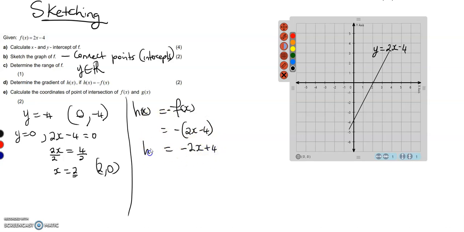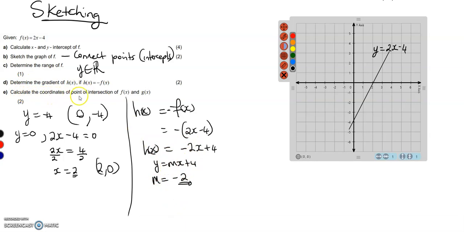Then from our general equation, which is y is equal to mx plus c, the y has 1 as a coefficient. We know that we're going to take the coefficient of x as our gradient. So our m there should be negative 2. That's our gradient there.